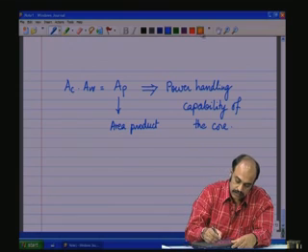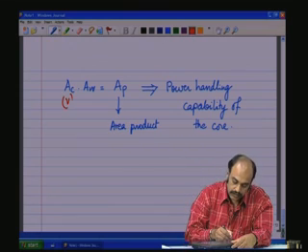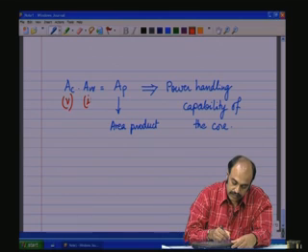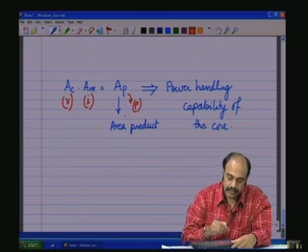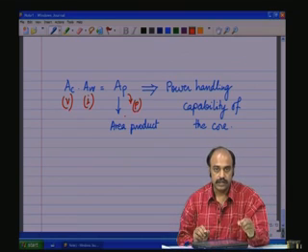Because AC is deciding the voltage handling capability, AW is deciding the current handling capability, and therefore, the product decides the power handling capability of the core.